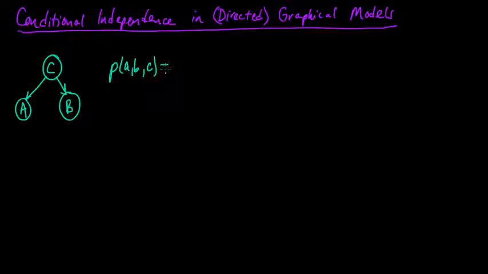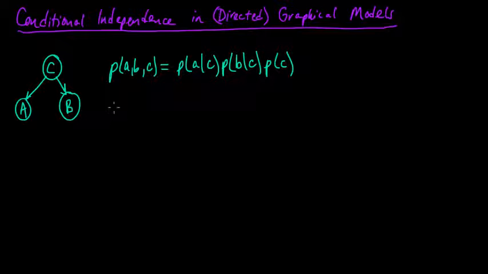That means that the joint probability of a, b, and c factors as the probability of a given c times the probability of b given c times the probability of c. That's what it means that their joint distribution respects this graph.